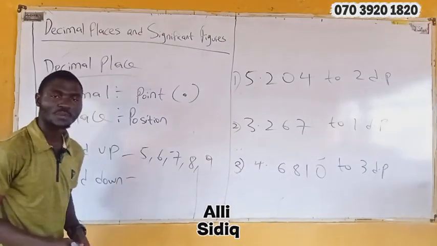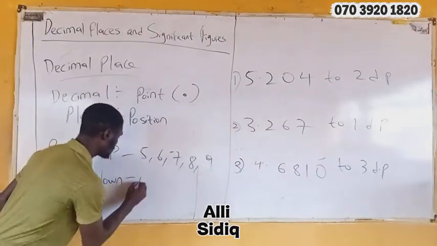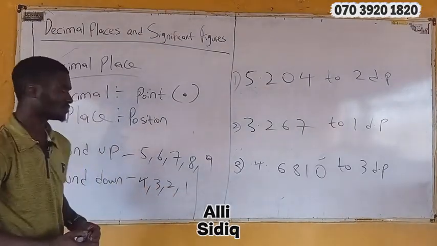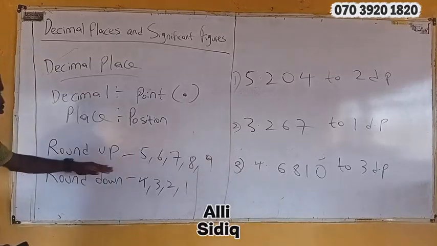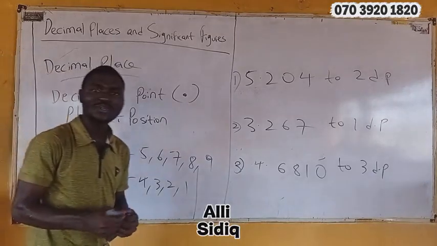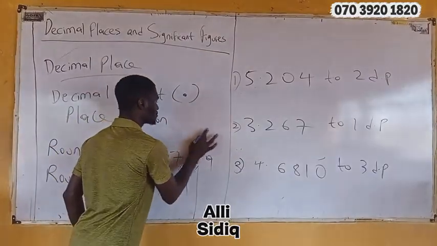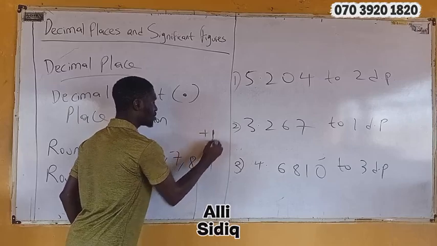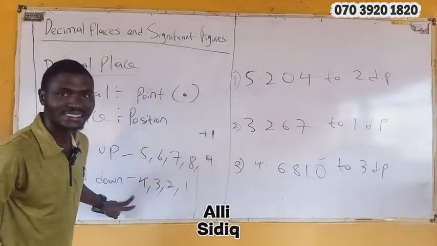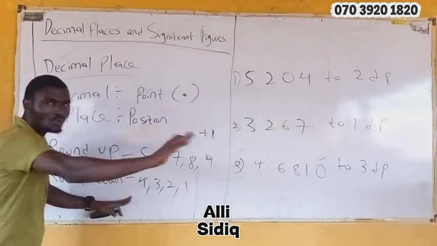You round down a number that is less than 5, that is 4, 3, 2, 1. When you are rounding up, it means you are adding +1. But to round down means you can't add anything. You will just leave that number alone.